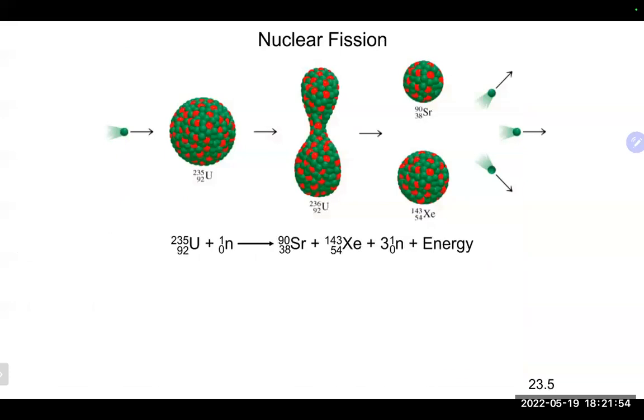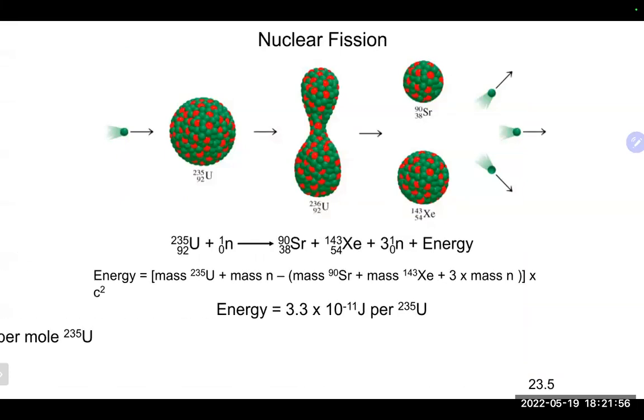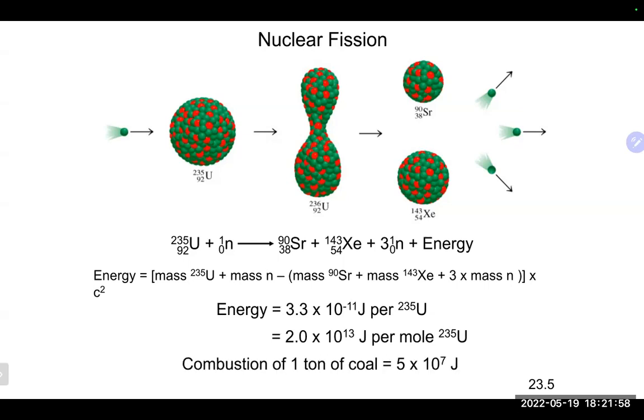So let's talk a little bit about fission and nuclear fission. This sort of transmutation process can also occur in a fission process. So if we take something like uranium-235 and we shoot it with a neutron, it becomes a very unstable bowling pin, uranium-236 perhaps.